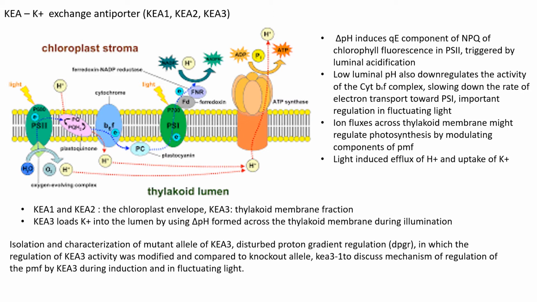KEA1 and KEA2 are present in the chloroplast envelope, whereas KEA3 is present in the thylakoid membrane of the chloroplast. Now, today's topic revolves around KEA3. So let's get into the introduction.